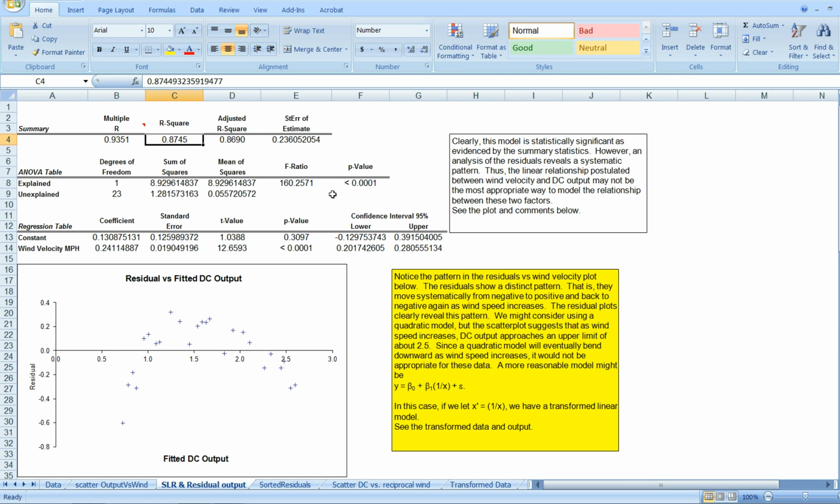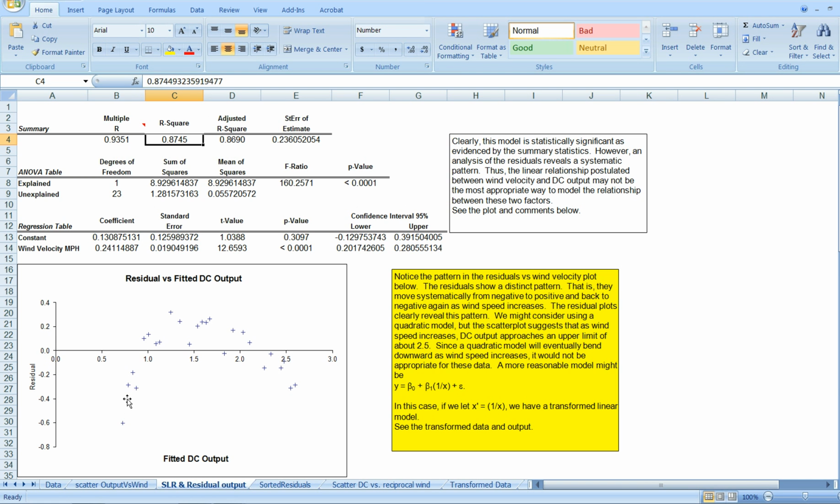But my concern is generated by taking a look at the plot of the residuals versus the fitted value of the DC output. Now we could just as easily have plotted the residuals versus the predictor variable and gotten the same thing, because we're dealing with a simple model here. And you notice that when you look at the residual plot, there's a pattern.